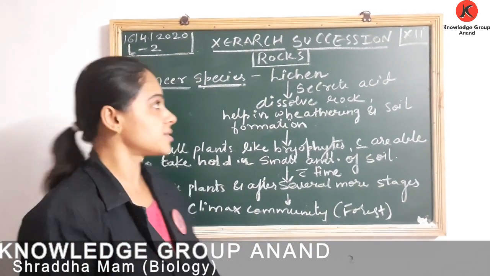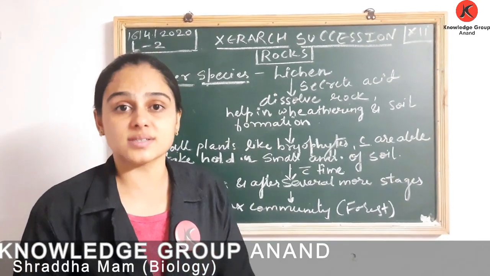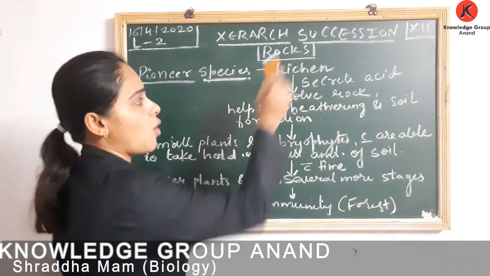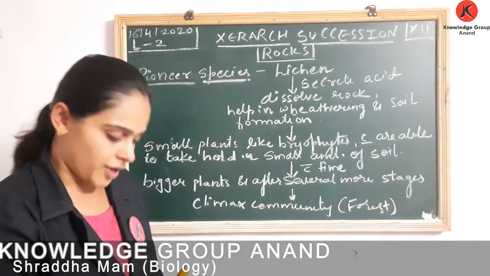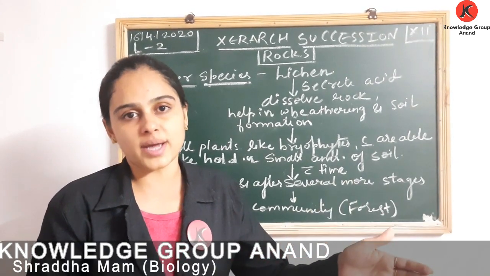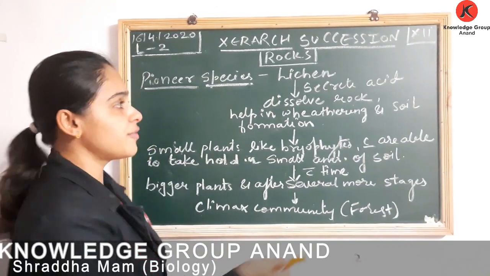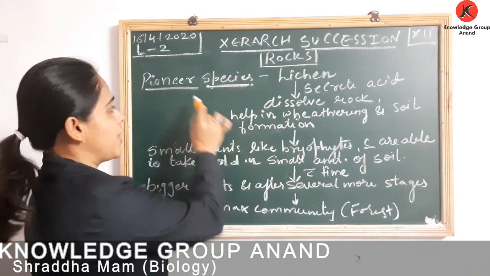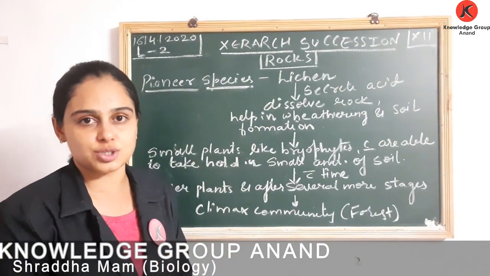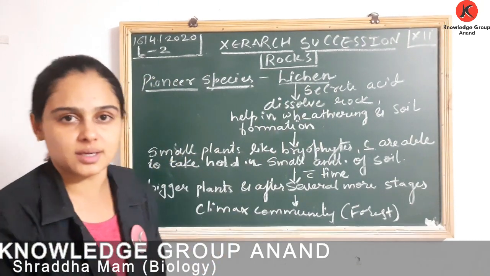Now we are discussing xerarch succession. Xerarch succession in the sense it starts from a dry area, and here we are discussing rocks. We have also understood that the first species that occupies are called pioneer species. So if we are talking about rocks, the very first species in primary succession is none other than lichens.